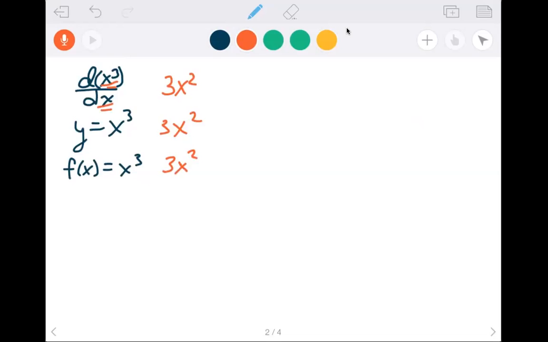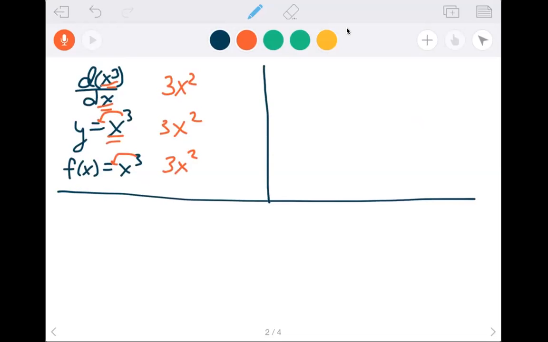So really there is a chain rule going on. I'm doing 3 times x squared times dx/dx, which is 1. So when there's a variable match like that, it's exactly how we've been doing it, because we've always had these explicitly defined functions of x. So you'll notice I've always said with respect to x.